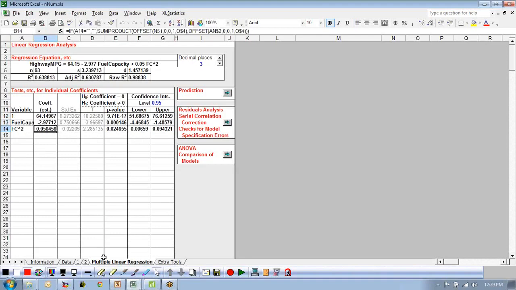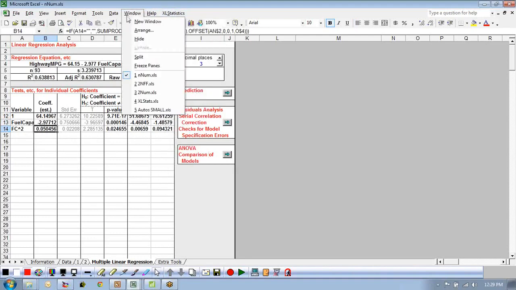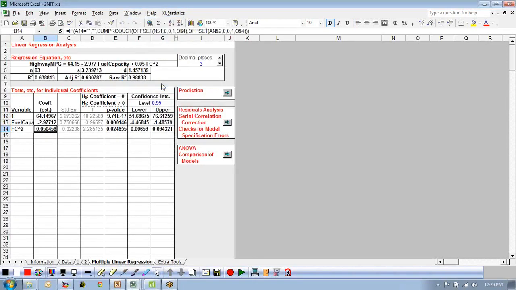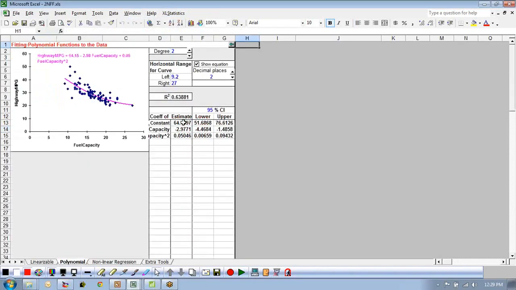That's what I got in my model. If I look at my polynomial, there it is, 65 minus 2.9, .05. So I got the same model, 63.8% r squared.